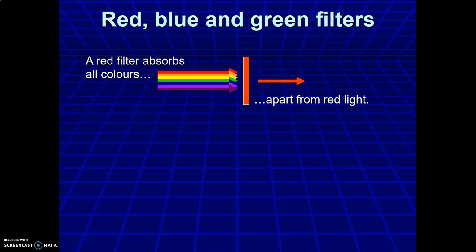Using these filters, the objects show with different colors. For example, a red filter absorbs all the colors and only lets red through. So if you have a red filter, you will see everything looks red. This is also fun to try at home.